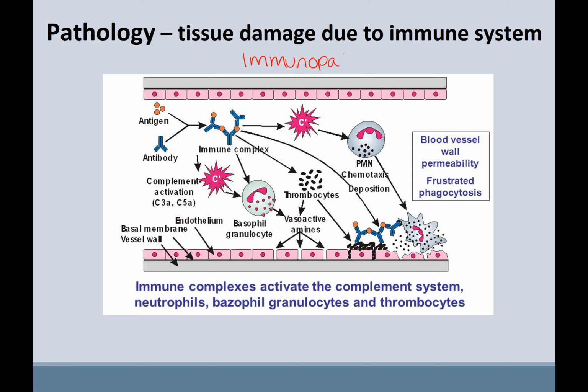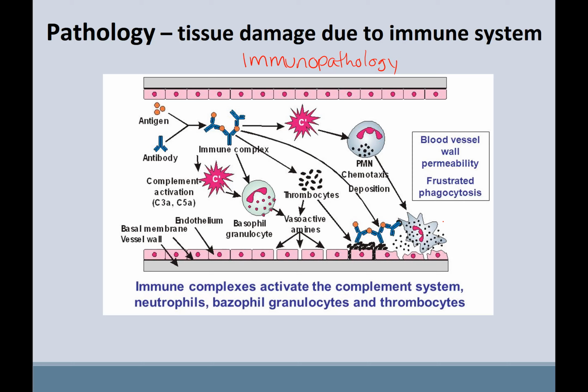And so what's happening here is immunopathology, right? So tissue damage caused by our immune system. When you recruit these different immune cells, some of the things that they use to attack the pathogen can also damage your own tissue.